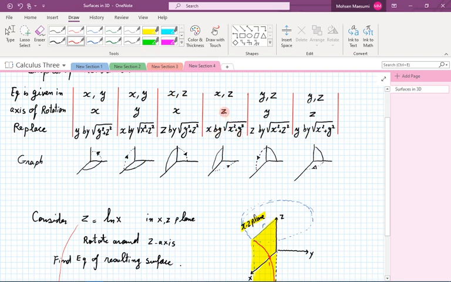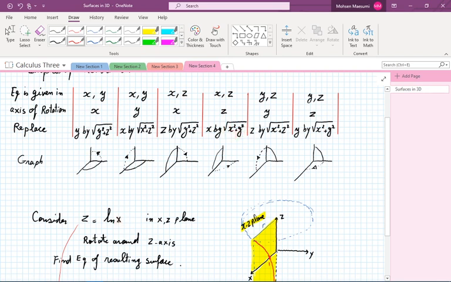So if I'm rotating around the z-axis, then x gets replaced by the square root of x squared plus y squared. Notice the pattern. These two are just these two variables, and the variable for the axis of rotation does not show up inside our radical.